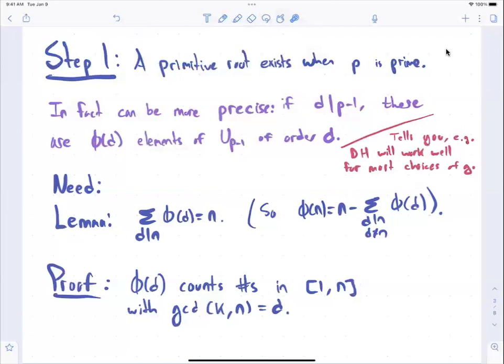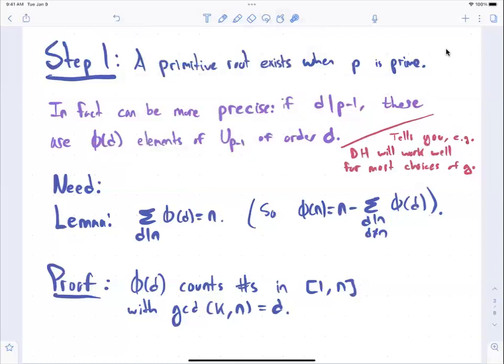That will make it hard to do the reverse step, where you see a power of g and ask what power it is. That's what someone would have to do to crack the code. So you want to avoid making a choice where g has small order mod p. This statement tells you there aren't very many elements that have small order.